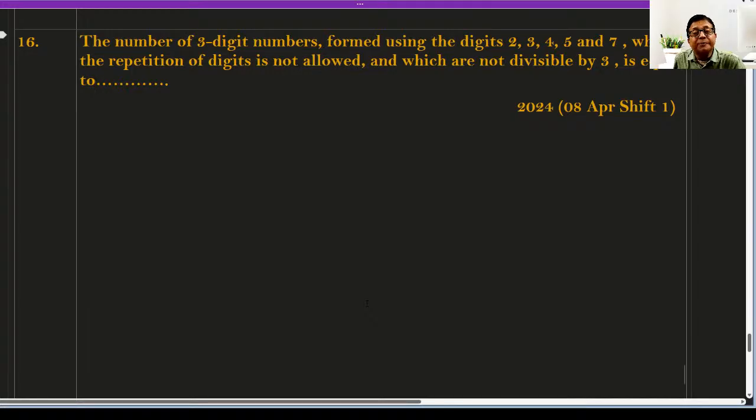They have not mentioned whether repetition will be allowed or not. Just find. Oh, not allowed. Very good. Repetition not allowed, and they are divisible by 3.